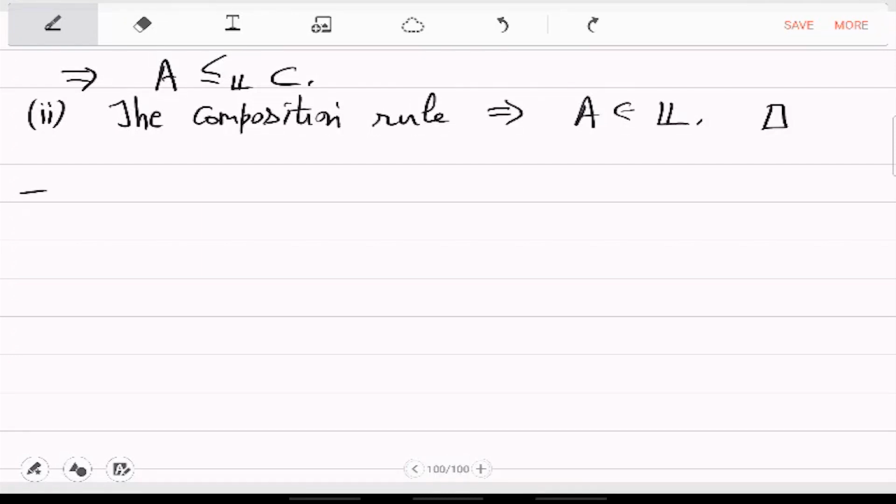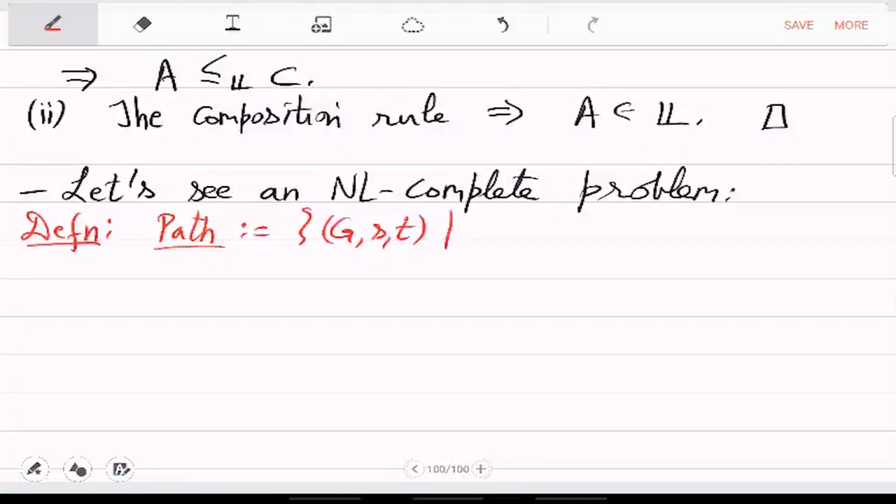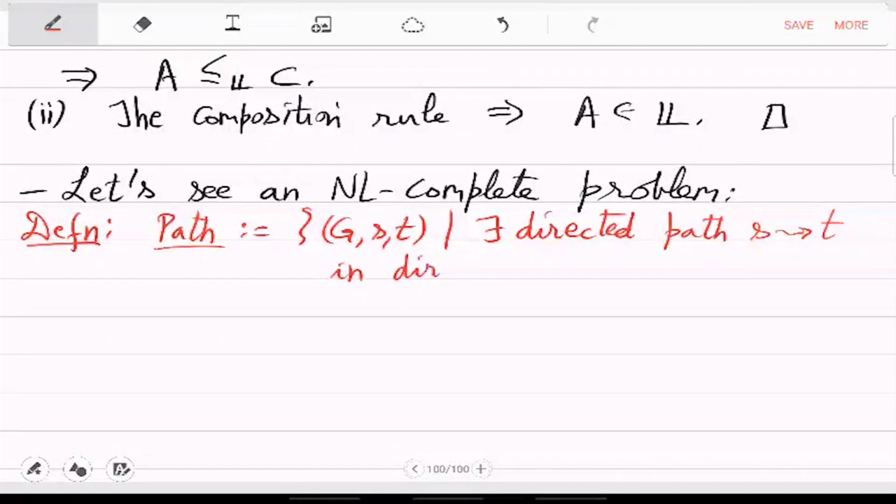So let's see an NL complete problem now. Remember the way we motivated NL was via reachability in a tree, right? So reachability is a good candidate. So let's define PATH to be the set of graphs and two vertices S, T such that there is a path from S to T. This should be called directed path, but we'll continue with this name.